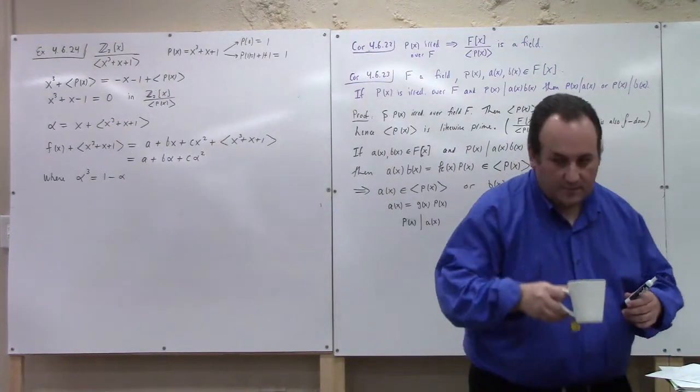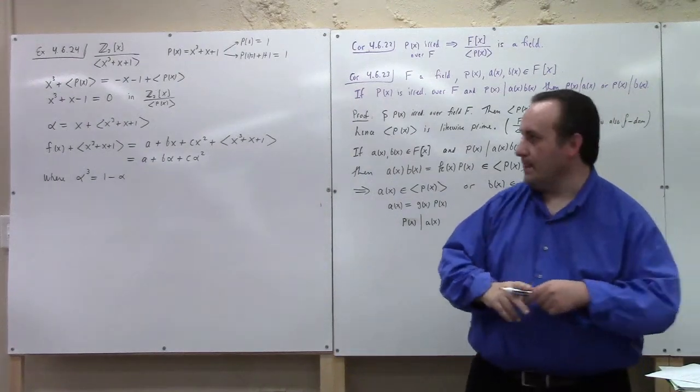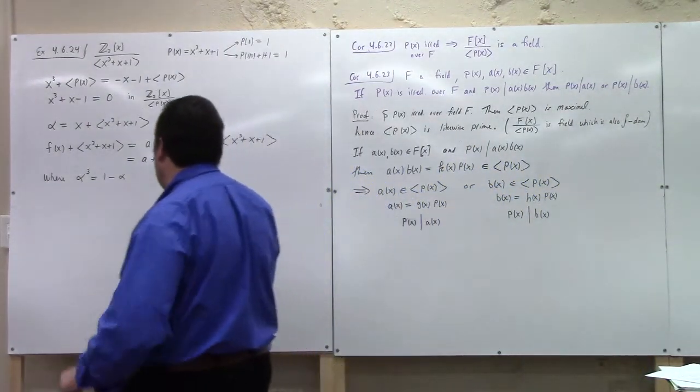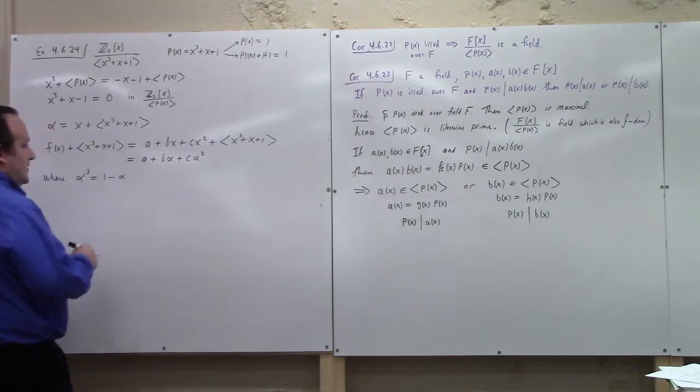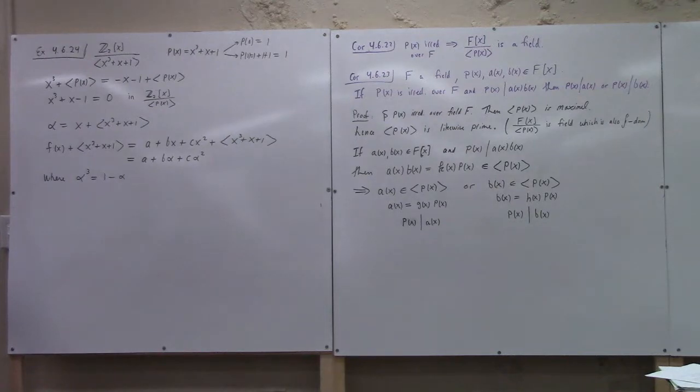If you think about a 3-digit number, how many possibilities do you have? It's like 1,000, right? It can go from 0 to 999.